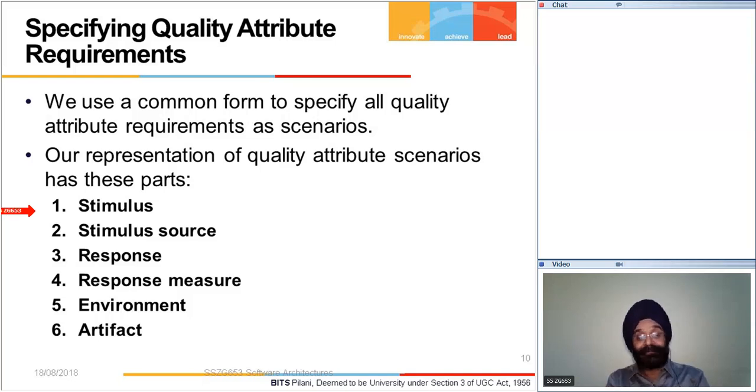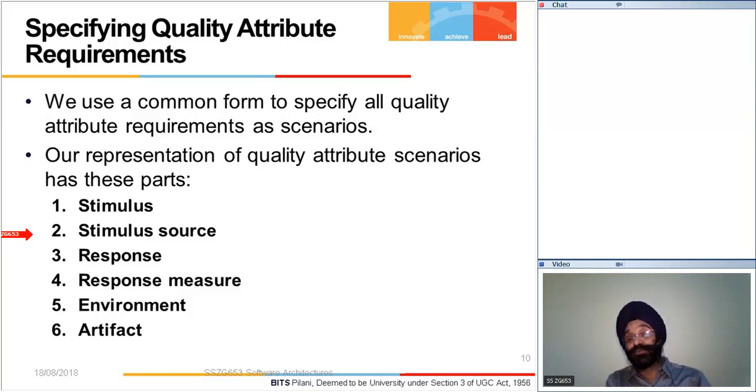Let's take an example of the Google web page, the page that appears the moment you say google.com. That's an artifact working under what environment? Environment: in your house with an internet connection over a leased line. Now, the stimulus is you ask for the meaning of software architecture.